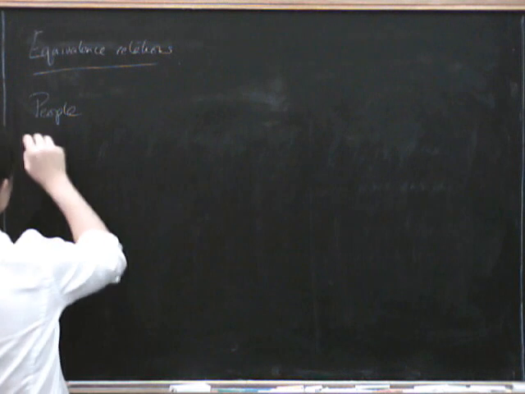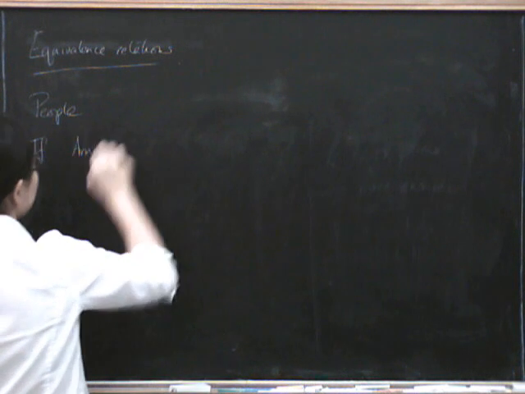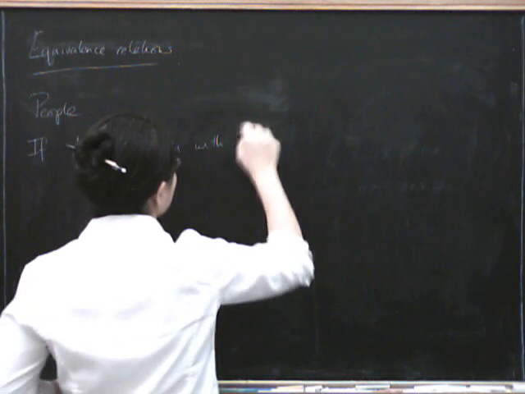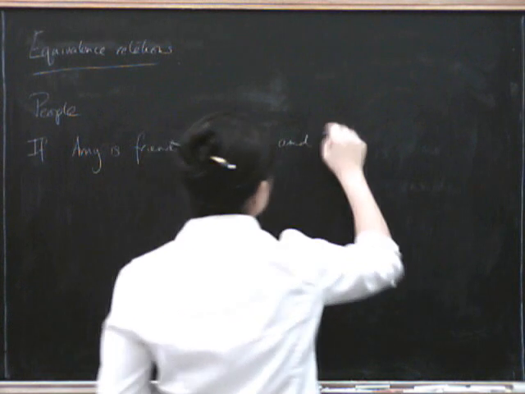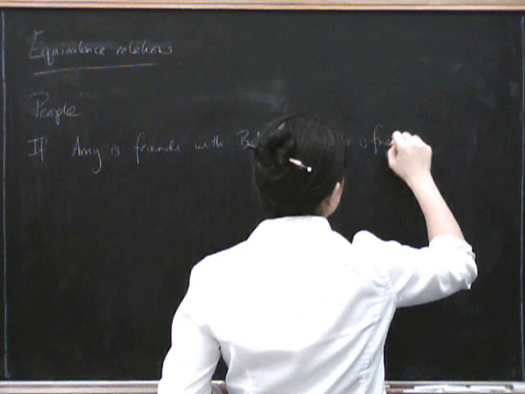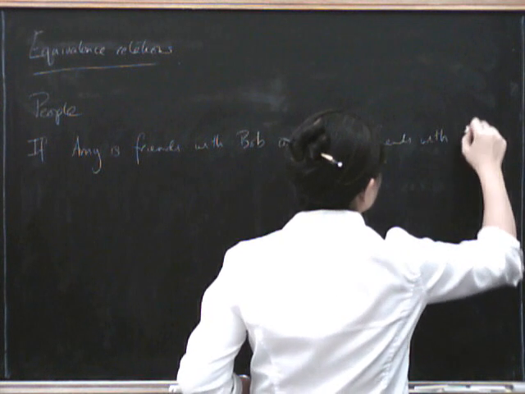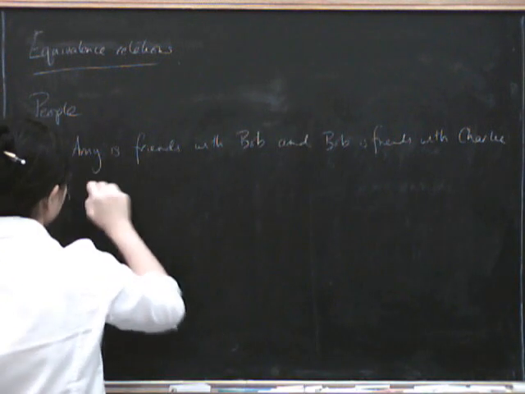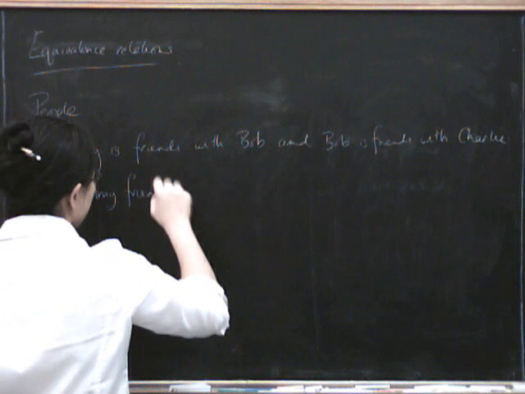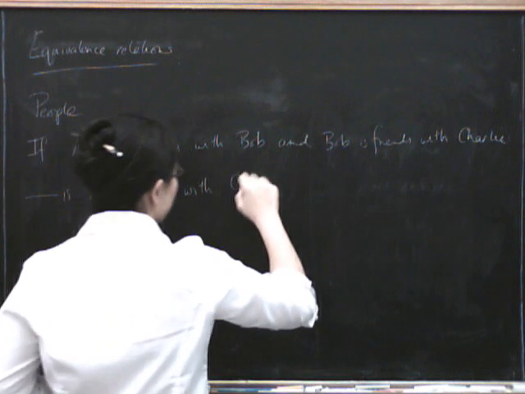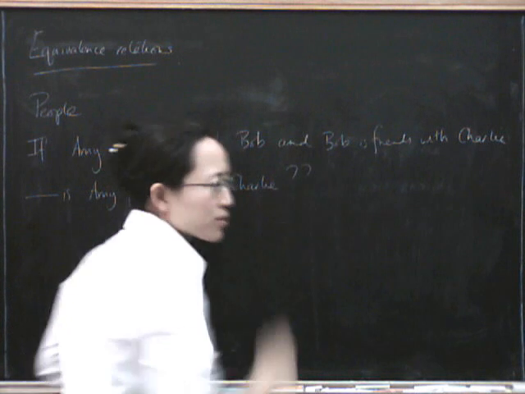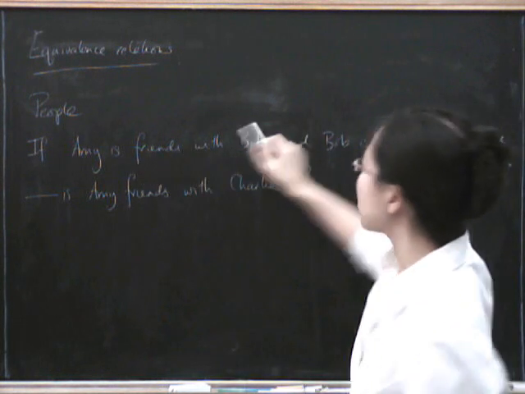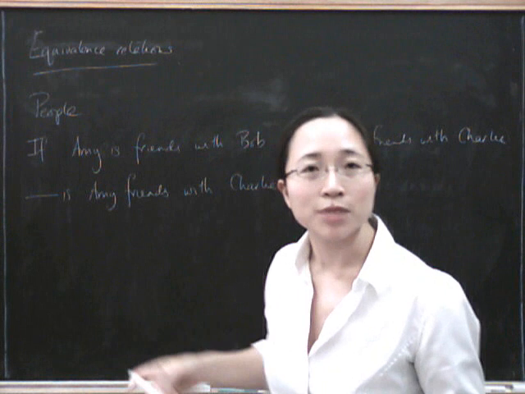So for example, if Amy is friends with Bob and Bob is friends with Charlie, is Amy friends with Charlie? Well, it's not very clear, is it? I mean, sometimes maybe Amy's friends with Bob and Bob is friends with Charlie, but Amy really hates Charlie. I mean, that's possible, isn't it?